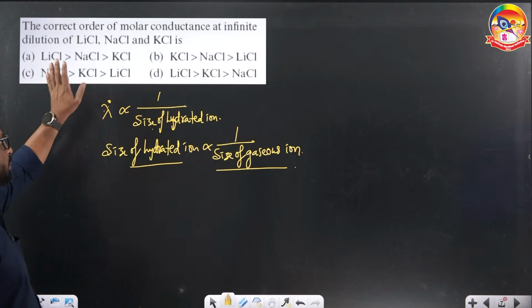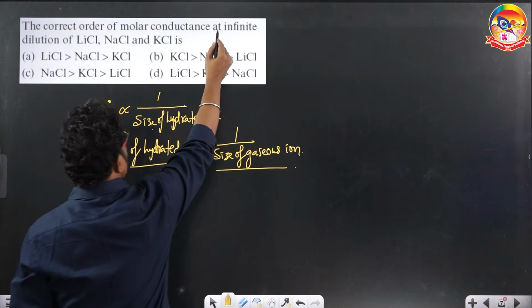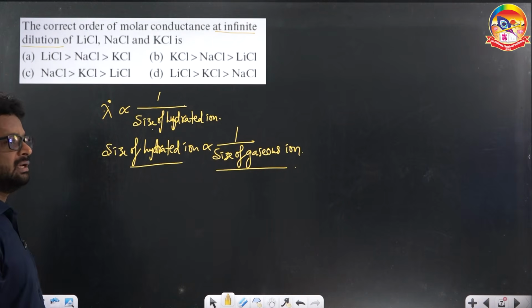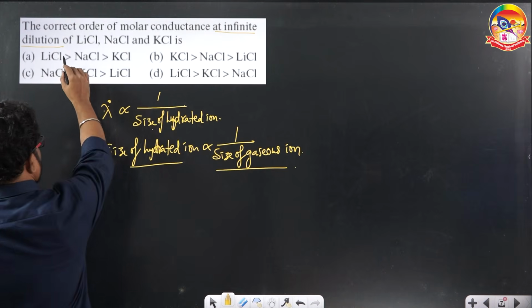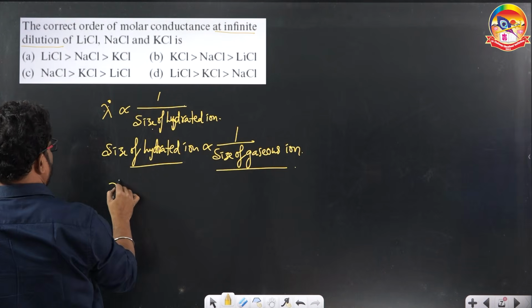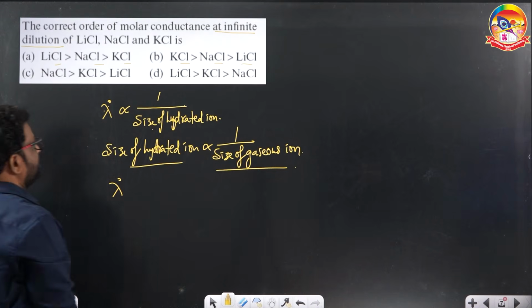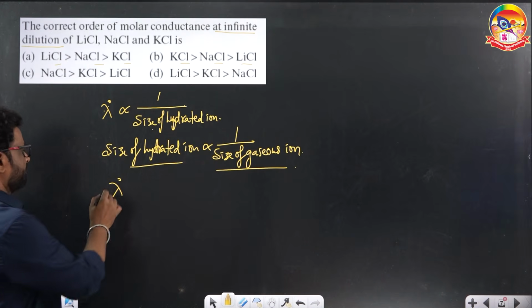In case of aqueous electrolytes, look at this. The question is the correct order of molar conductance at infinite dilution. At infinite dilution means for a solution itself, within that solution, lambda naught of each ion. Actually, if you observe all these compounds given, they have a common anion, chloride. So the deciding factor is the cation.